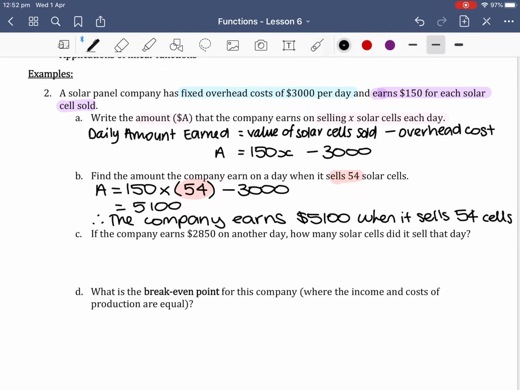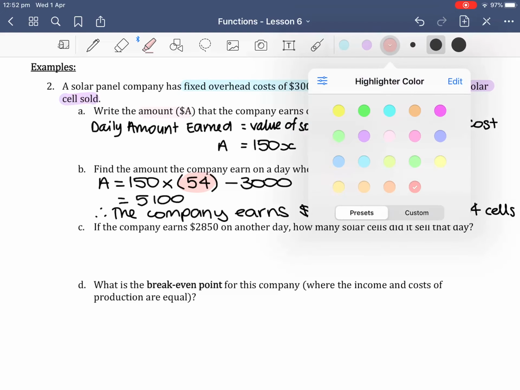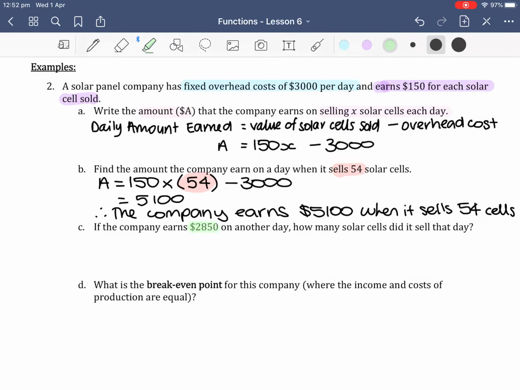You're just substituting into the equation you have created. Now, if the company earns $2,850 on another day, how many cells did it sell? So what we know is we know A. So we are aware of what A is. So we know that it's 2,850. So we're going to substitute this into the equation.